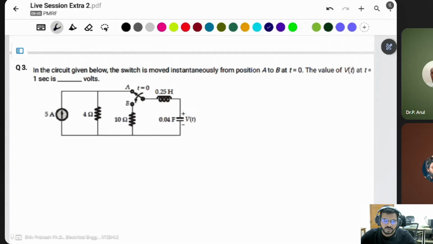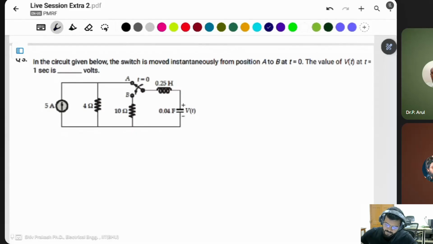Same thing, you have to first find the initial voltage and initial current in this case. Then after, it will be the same RLC circuit.